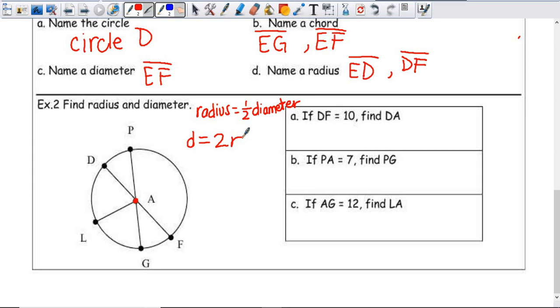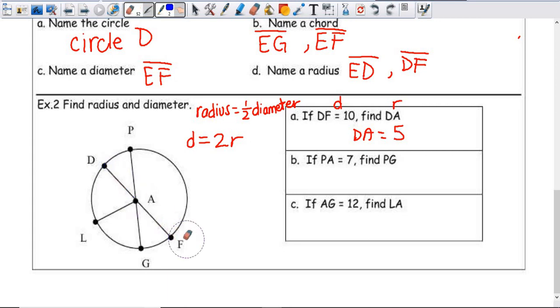So then we have to look at these and see what we were given. So in A, I have DF, so this whole line here is 10, and I want to find DA. So DF is a diameter, and I am finding a radius, so DA is going to be 5 because we have to take half of it.